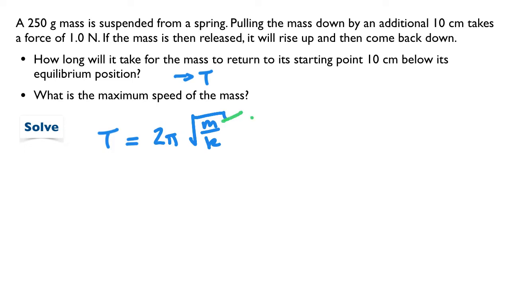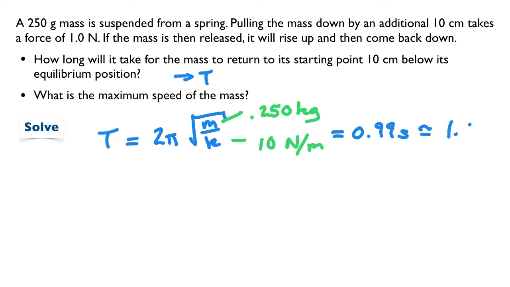The mass, 250 grams, or 0.250 kilograms, and the spring constant is 10 newtons per meter. And if we solve that out, what we get is 0.99 seconds, which is approximately equal to 1 second. That's what we're going to get for our first piece of the puzzle.